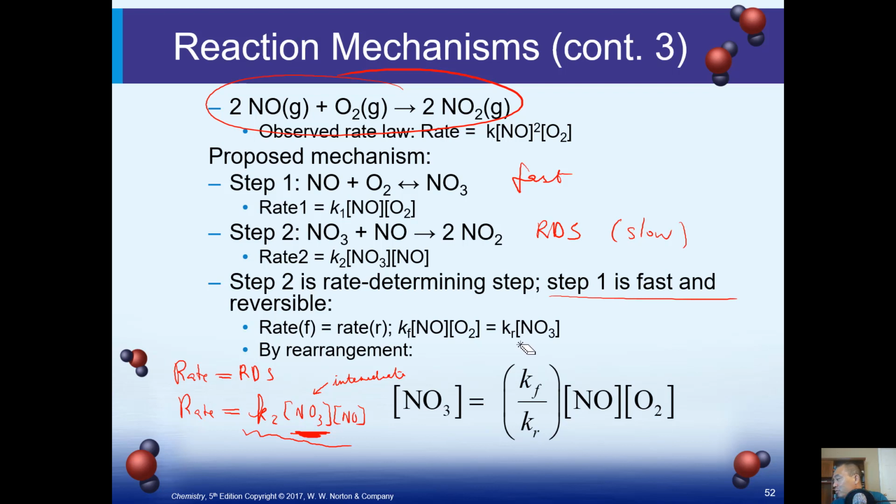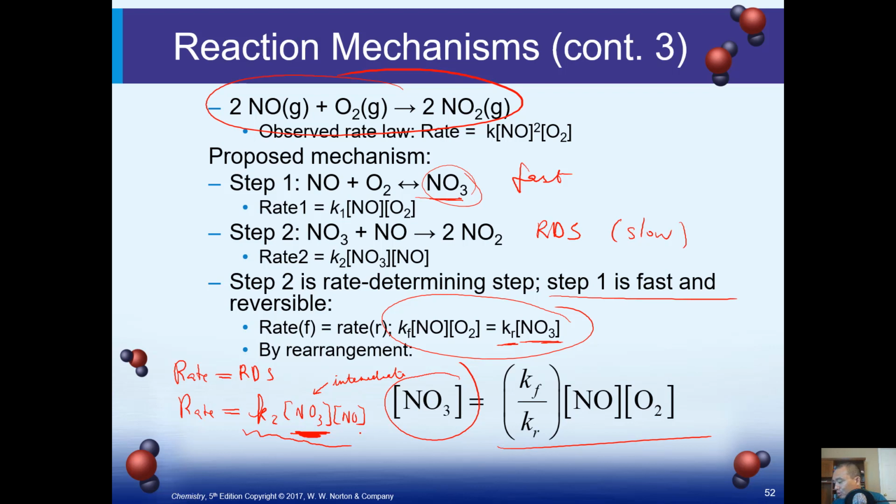And for the reverse reaction of the first step, NO3 would be the reactant. Kr is the rate constant for the reverse reaction, times the concentration of the reactant for the reverse reaction. These two are the same. Through this equation, we can find the intermediate concentration NO3 equals this.